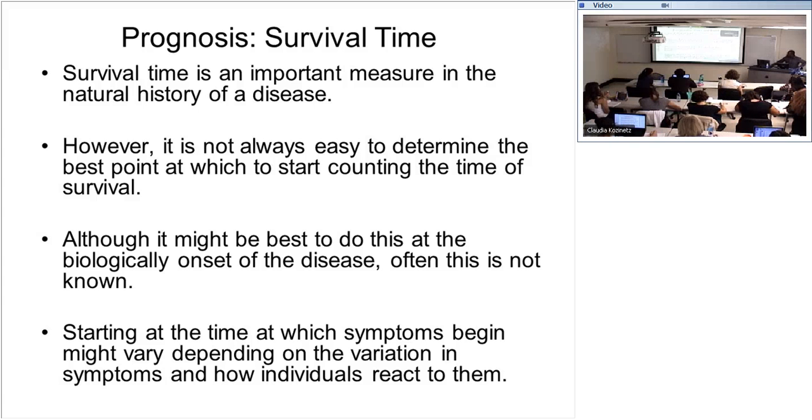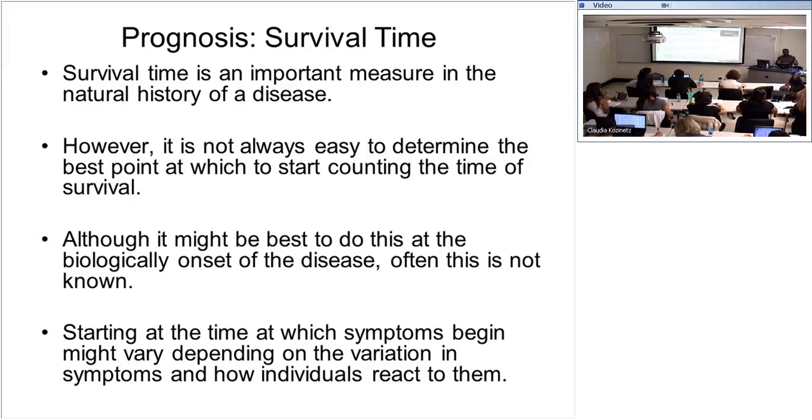So, if we want to do it from the time at which symptoms are observed, what do you think might be the problem with it? If we want to look at survival time, let's say we are interested in when a person gets a disease, so the person dies.